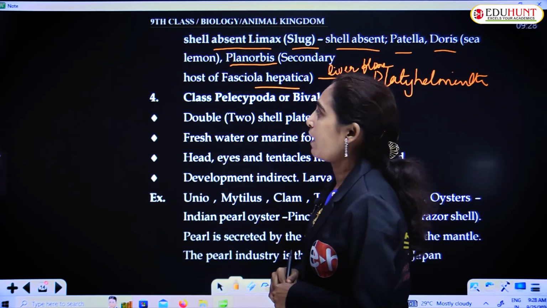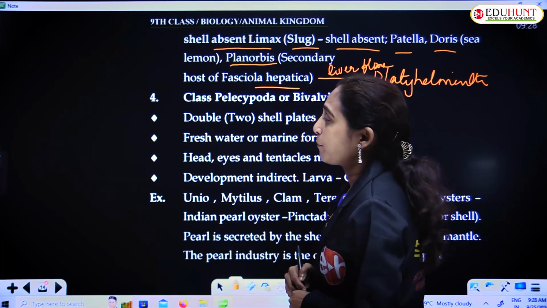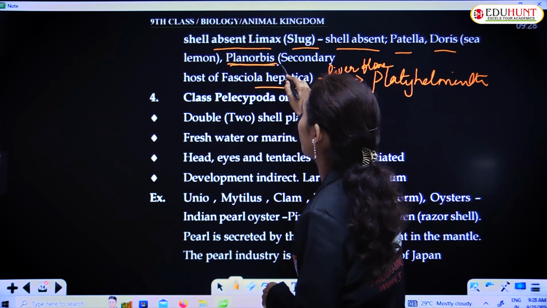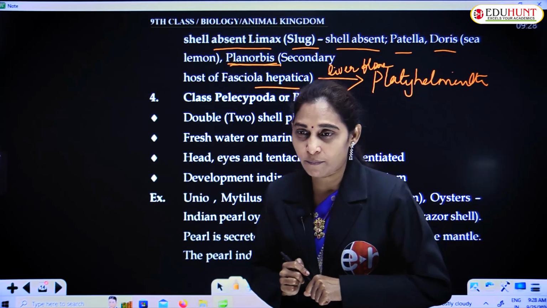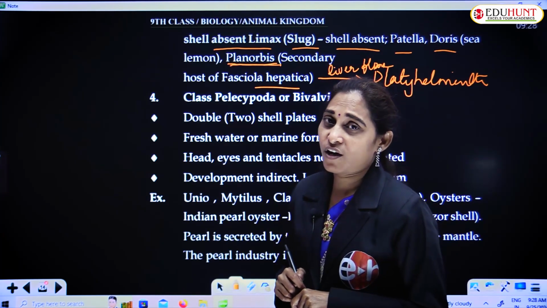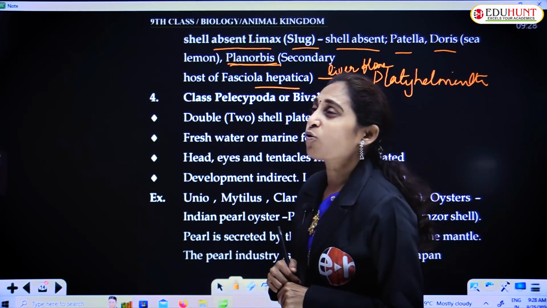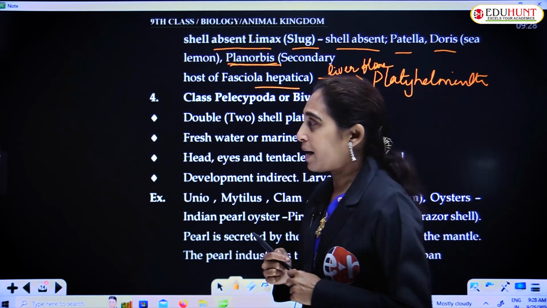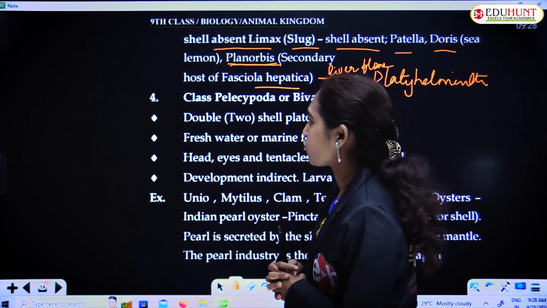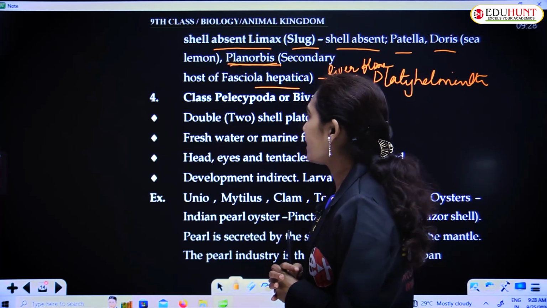For Fasciola hepatica the primary host is man and the secondary host is Planorbis, a mollusk. As we mentioned earlier, mollusks act as secondary hosts for these flukes. So this is class Gastropoda.